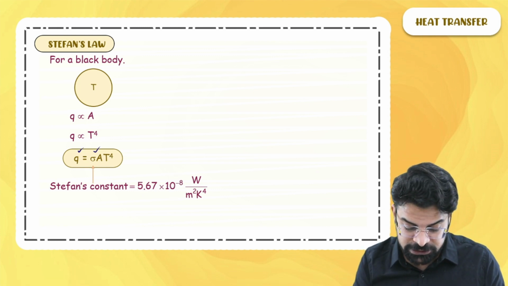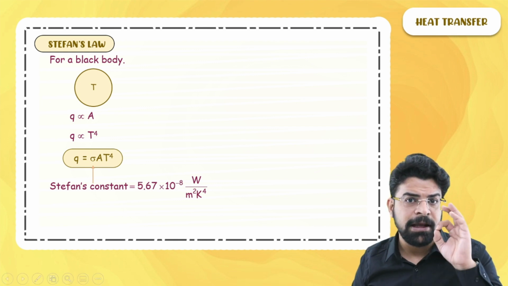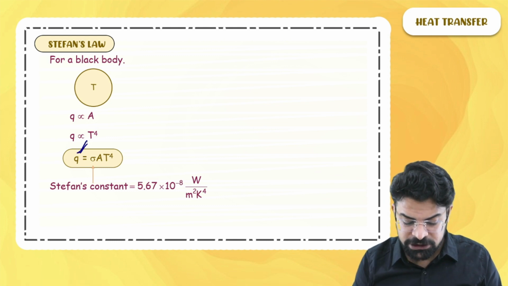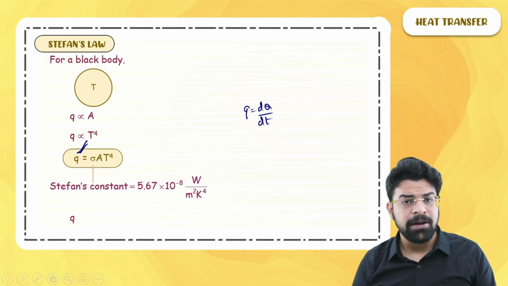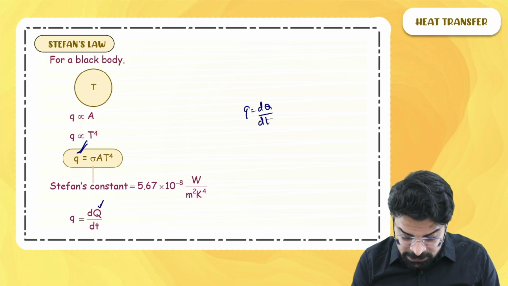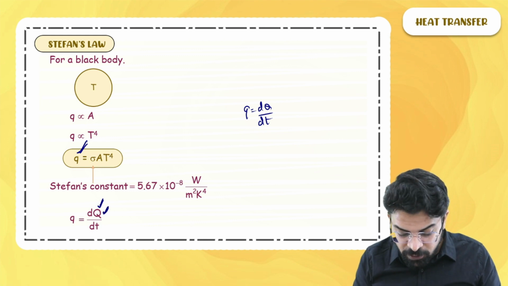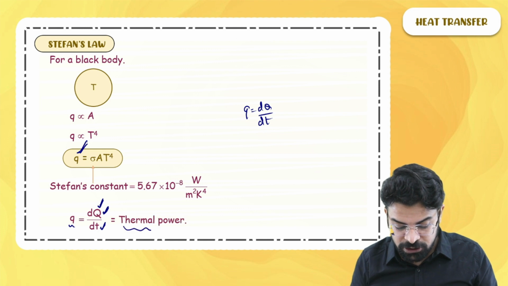So Q equals sigma A T raised to power 4. A is the surface area. T is the temperature of the body on the absolute scale. Now here, what is Q? Sir, Q is the rate of flow of heat with respect to time. What is this big Q? Heat, energy. And the rate of flow of energy with respect to time is called power. So this Q is also called thermal power.